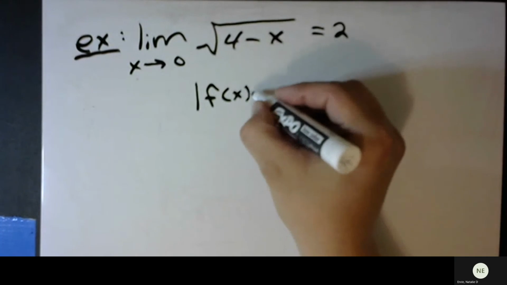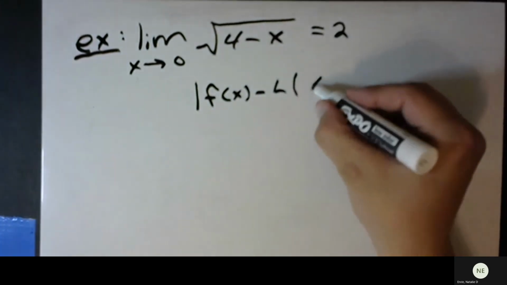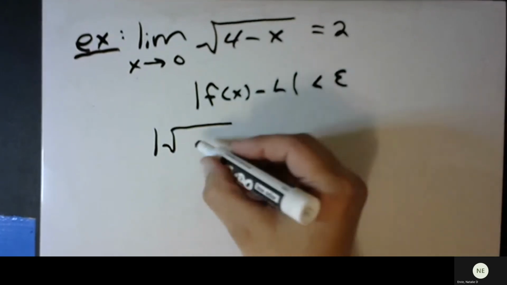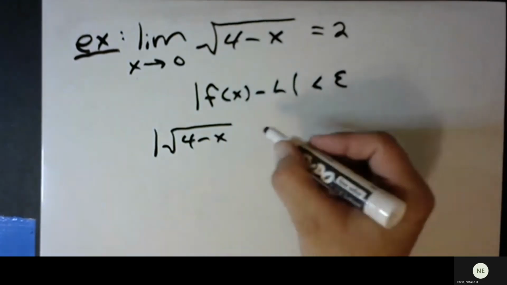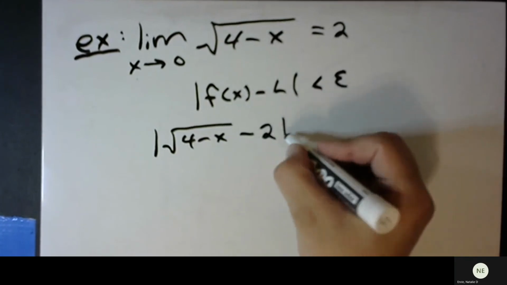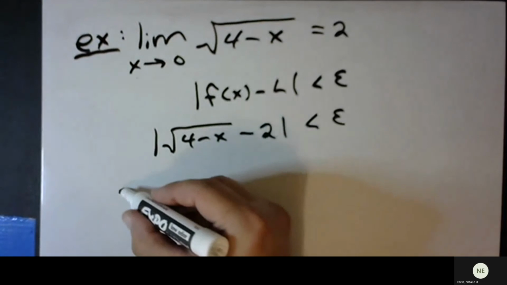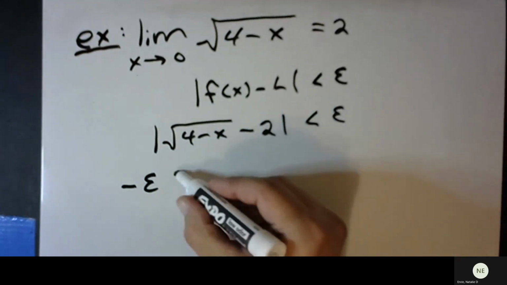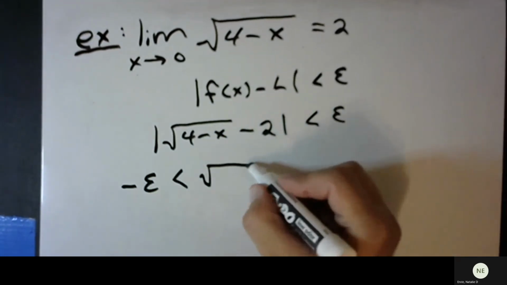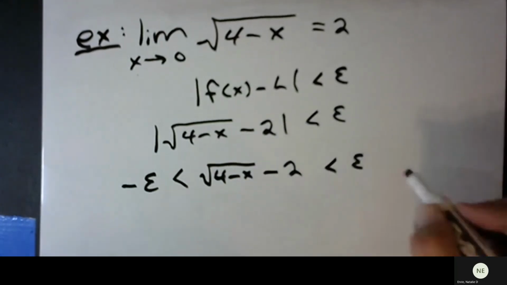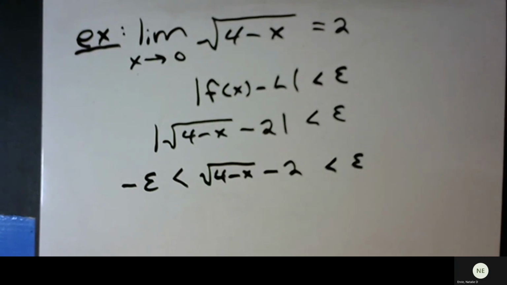So the absolute value of f of x minus L less than epsilon, or the absolute value of square root of 4 minus x minus 2 less than epsilon. Now, for this one, we can break things up. You get minus epsilon less than the expression less than epsilon. And this is something we can do to get rid of those absolute values. A little trick you can use.